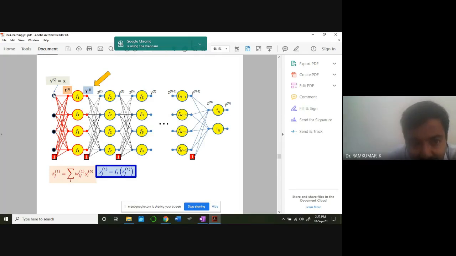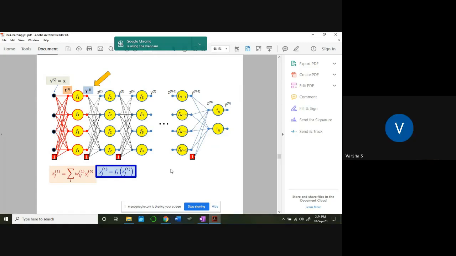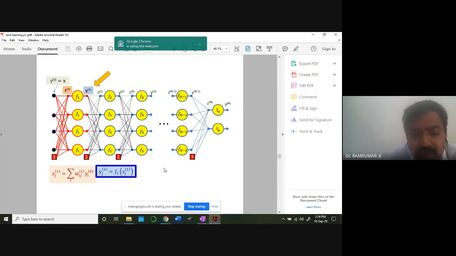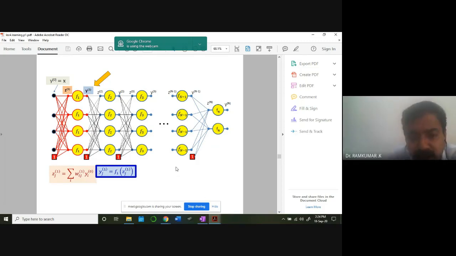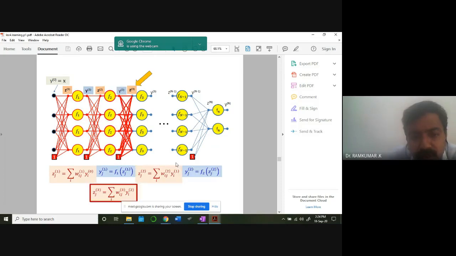That's why in the input layer you need to put n plus one. Instead of adding bias separately, as weight into input plus bias, they add that weight also inside this particular summation. We already learned that: W naught. That's the way they put it. So that's how it works.